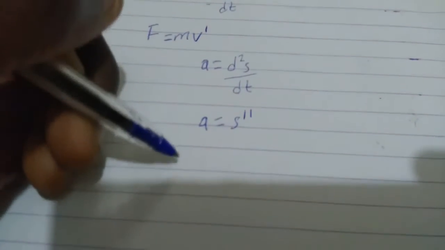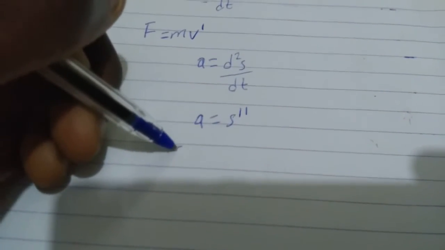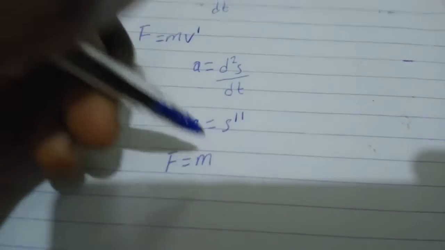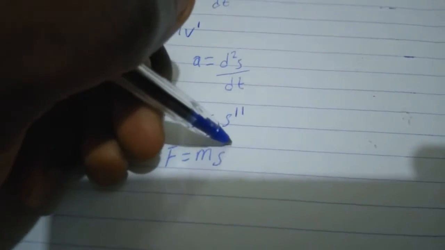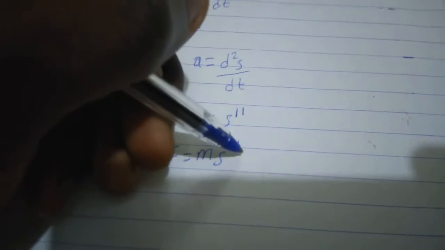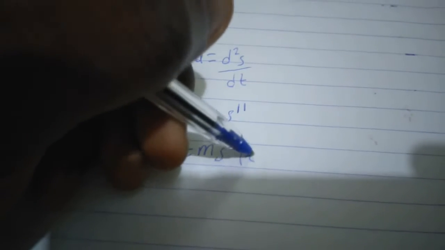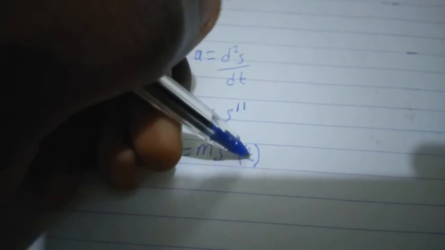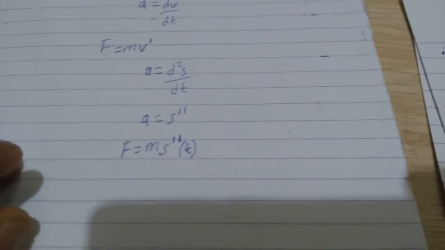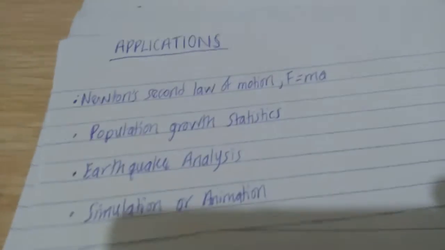So force can now be represented as force equals mass times the second derivative of displacement with respect to time. So we can put the time over here. Isn't it very simple? Yes, it is. This is to show you that Newton's second law of motion is a differential equation. So back to our applications.